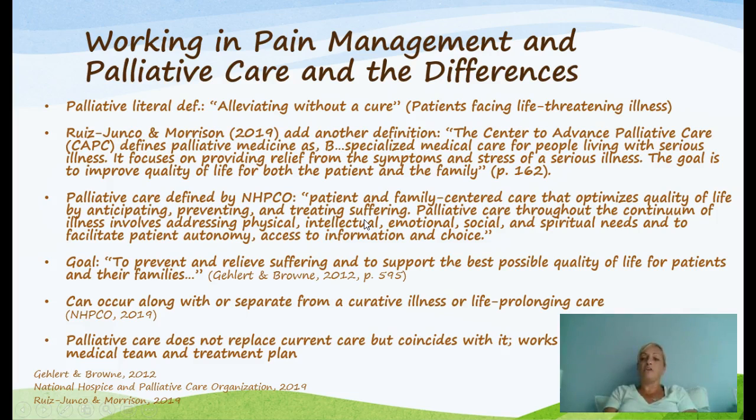Patient and family centered care that optimizes quality of life by anticipating, preventing, and treating suffering. Palliative care throughout the continuum of illness involves addressing physical, intellectual, emotional, social, and spiritual needs and to facilitate patient autonomy, access to information, and choice.